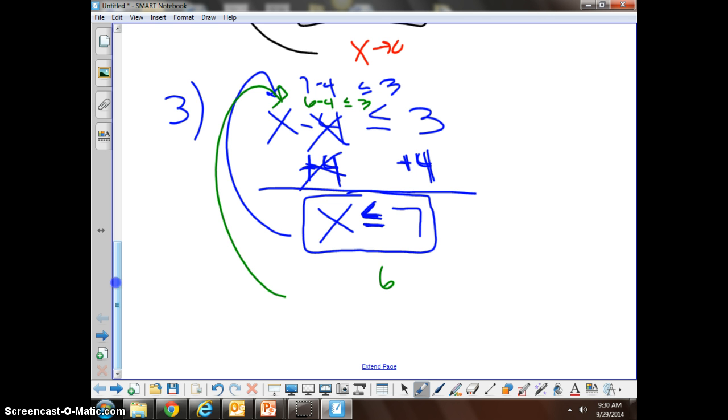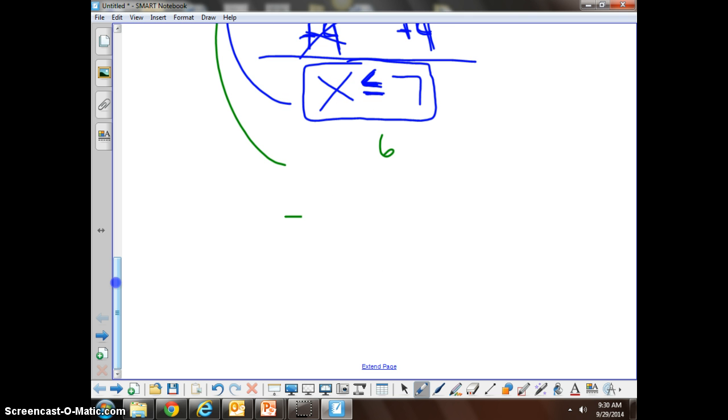We need to graph the solution set, and this is how we would graph the solution set. We'll practice this, I promise, in class. We would take our answer 7, and we would mark it on the number line, right in the middle of our number line. And then we would go 1 greater than 7, let's say the number 8, and 1 less than 7, the number 6.